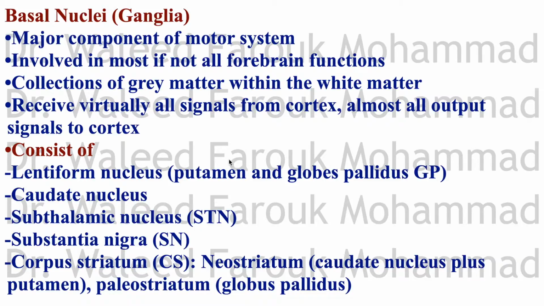They consist of the lentiform nucleus, composed of the putamen and globus pallidus, the caudate nucleus, the subthalamic nucleus, the substantia nigra in the midbrain, the corpus striatum, which is the anterior ends of the caudate nucleus and the globus pallidus, and other sites in the brain like the nucleus accumbens, for example, the prerubral field of Forel.